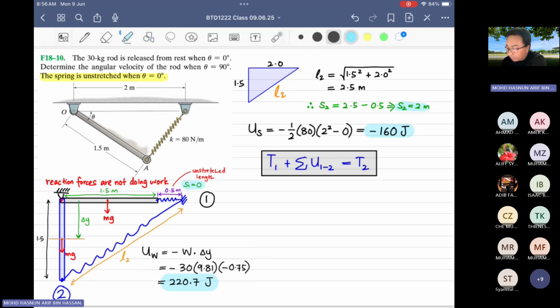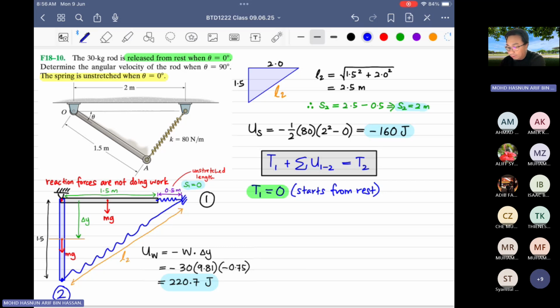Look at the question, it says released from rest when theta equals to 0. That is a clue that T1 is equal to 0 because it starts from rest. So T1 is equal to 0.